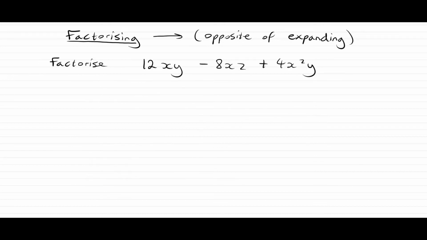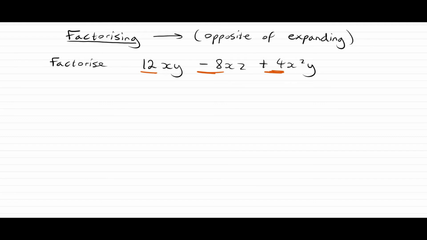So you may be asked to factorize something that looks crazy like this. 12xy minus 8xz plus 4x squared y. And again, this is quite straightforward. So we're just going to concentrate on what we can draw out from all the terms, basically. So I'll start by looking at each and every number.